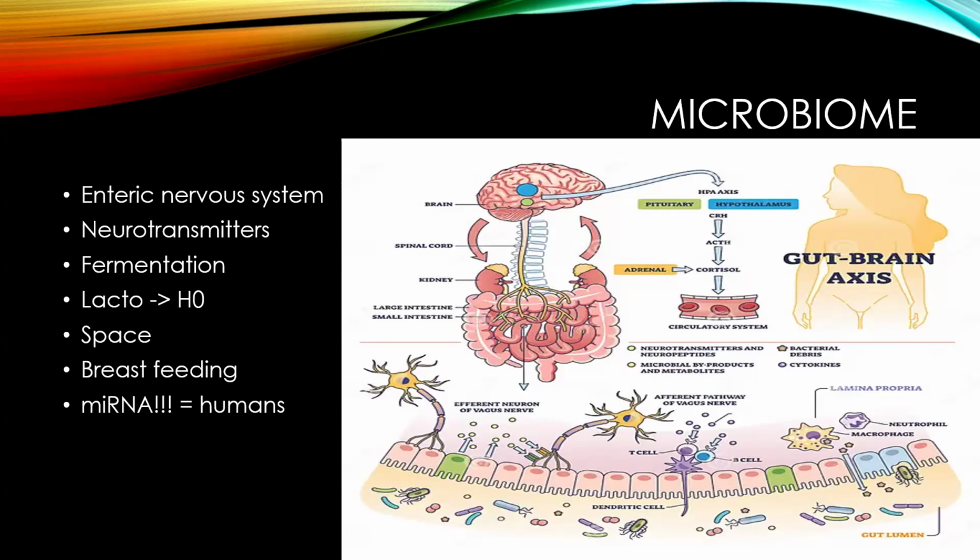They're able to communicate in an extremely complex schema that is oversimplified in this image, and demonstrates that there's communication between the brain through microRNA and protein expression, but also through the neurotransmitters, through the enteric nervous system and a feedback response with the vagus nerve.